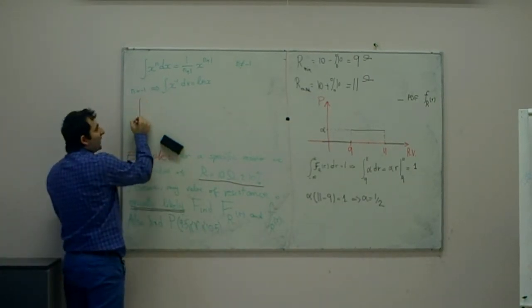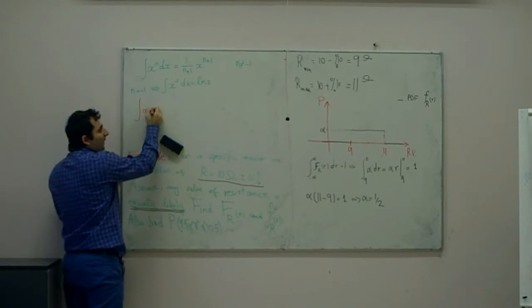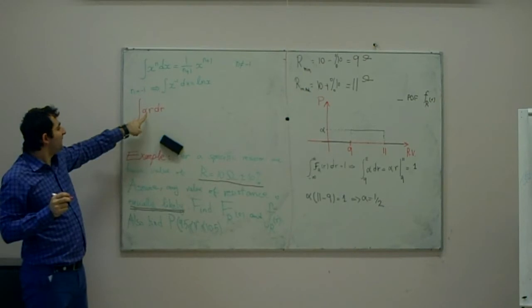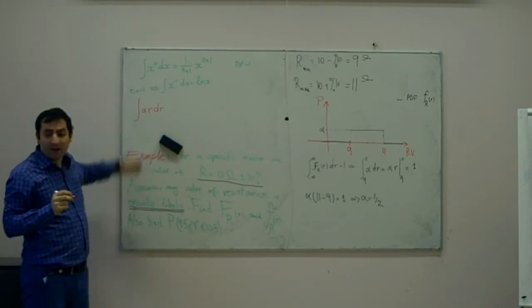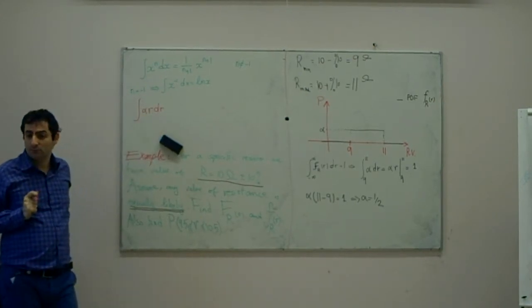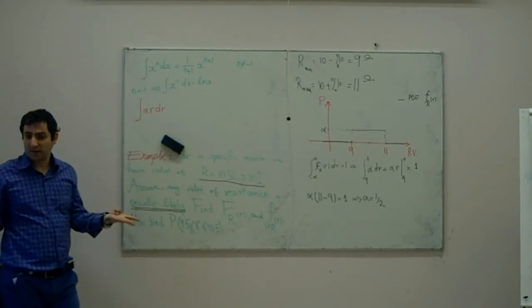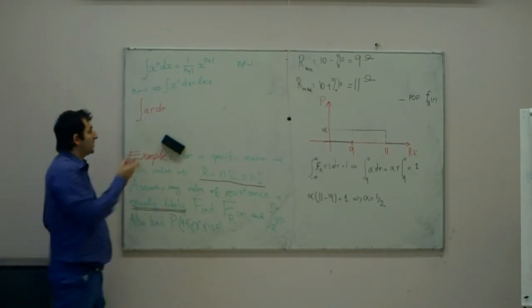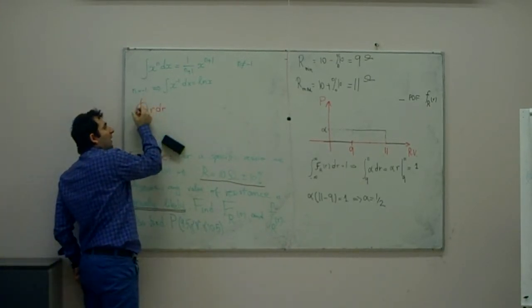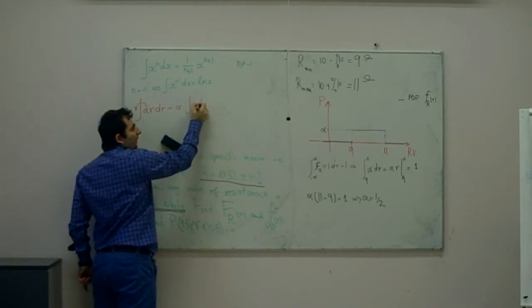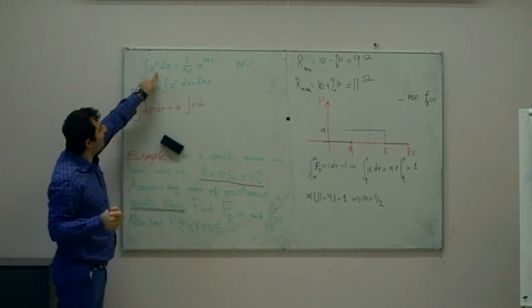I have the integral of alpha r dr. Can I tell you what the relationship of alpha and r is? Alpha is a constant, isn't it? It doesn't depend on r. So we can put this alpha out of the integral, so it will be alpha times the integral of r dr. So it is the integral of x dx.